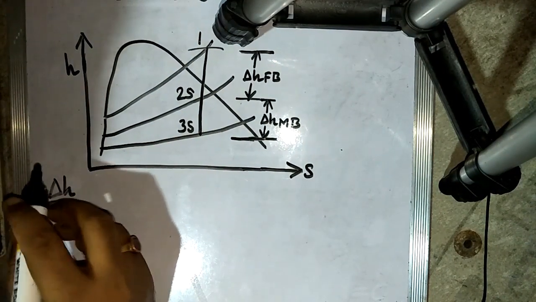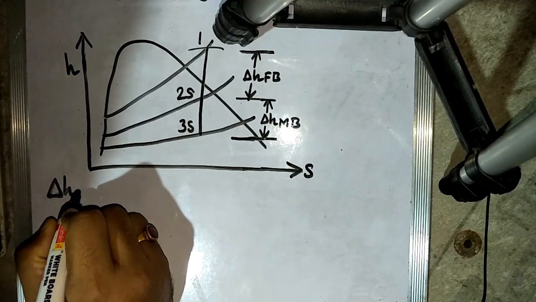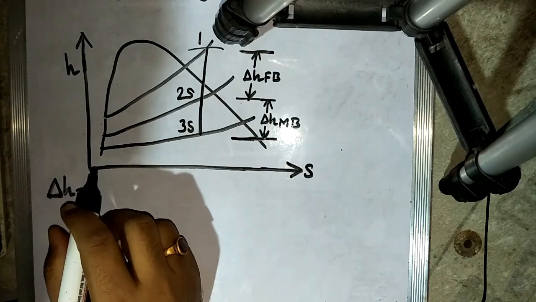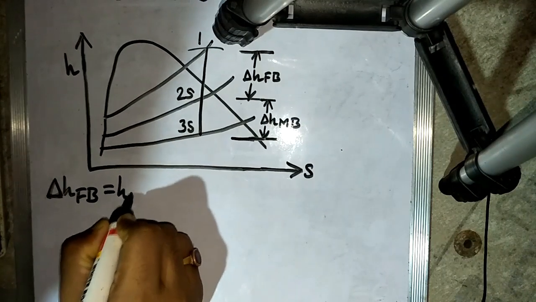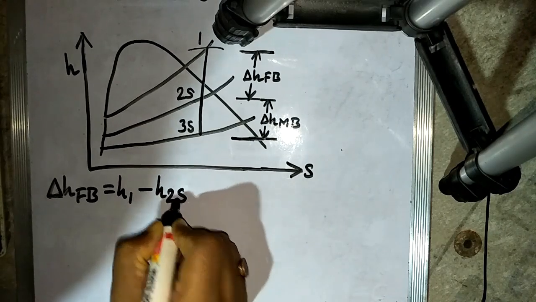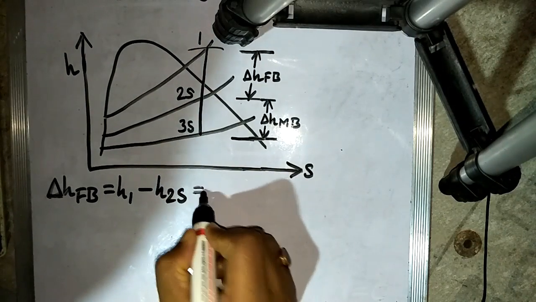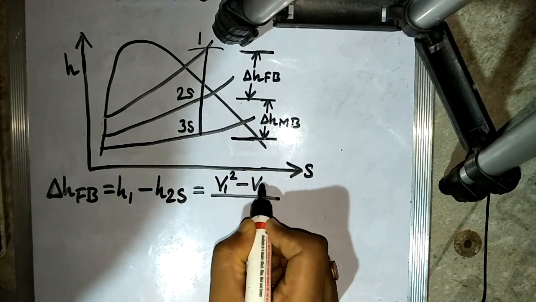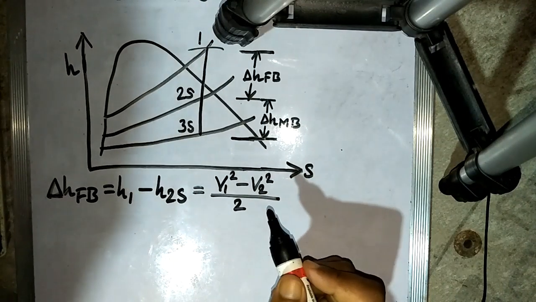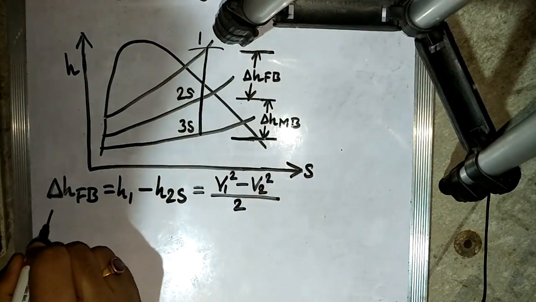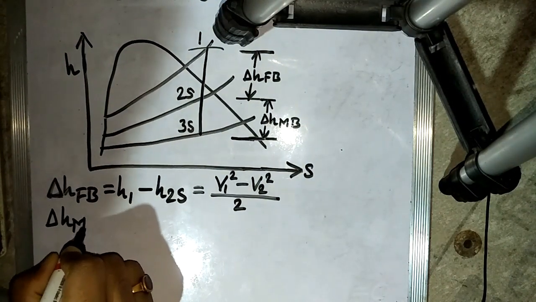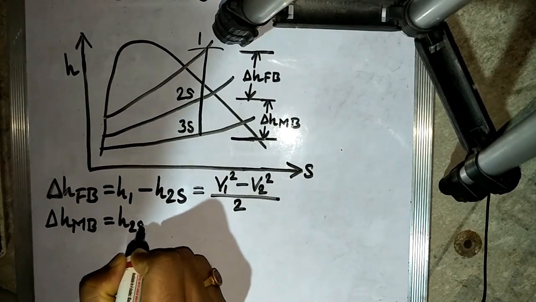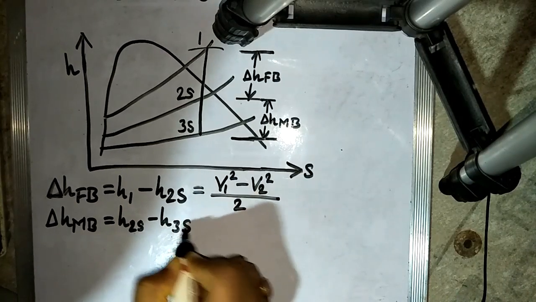del H fixed blade, the enthalpy drop, is equal to H1 minus H2S. So that is equal to V1 square minus V2 square by 2. Similarly, in case of the moving blade, we can write del H suffix MB equals H2S minus H3S.